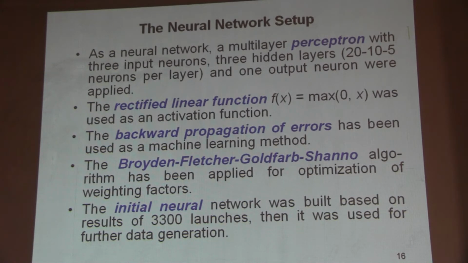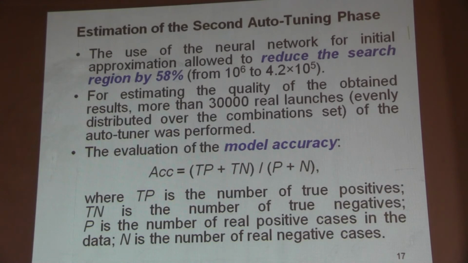Since I'm not an expert in this area, I propose just to switch to the result that we received from this experiment. So, with this hybrid approach, using machine learning, we were able to reduce the search space twice.